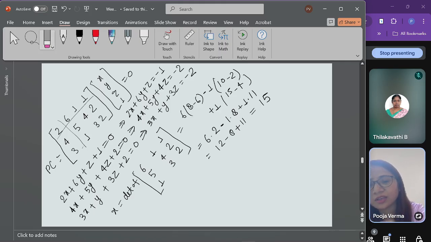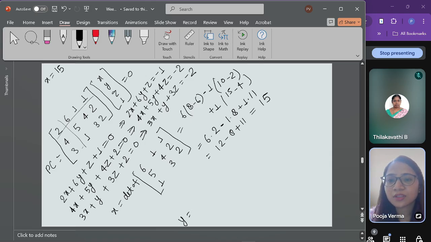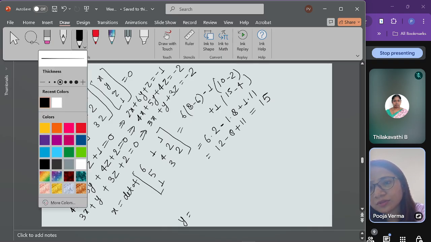So I'm just removing it from here and writing down so that we can calculate the other values. 15 we have got for x. Now we have to similarly calculate. Now what we need to do, just remove this column for the y values. Just a minute.